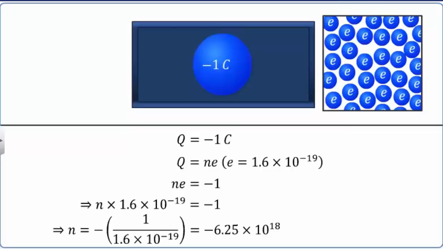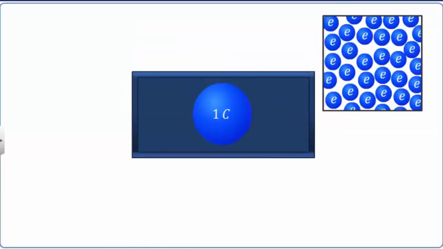So, we see that 1 coulomb of negative charge contains 6.25 × 10^18 electrons, which is a very large number of electrons. In the practical examples we have seen for charging a body, we deal with bodies possessing a charge of about a few microcoulomb.